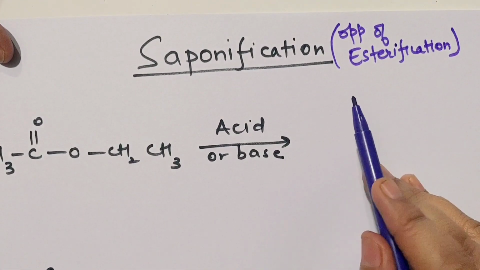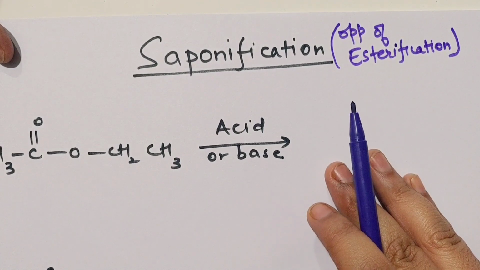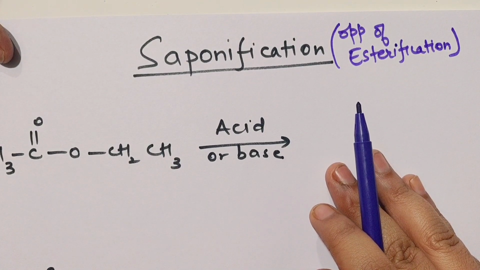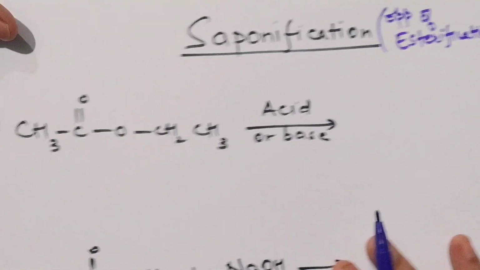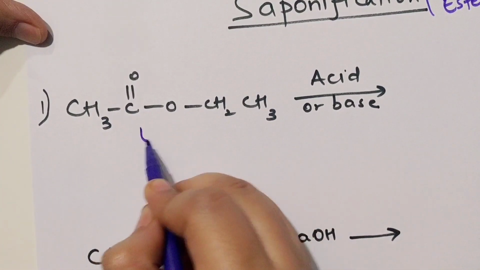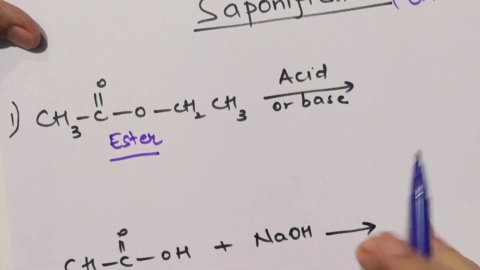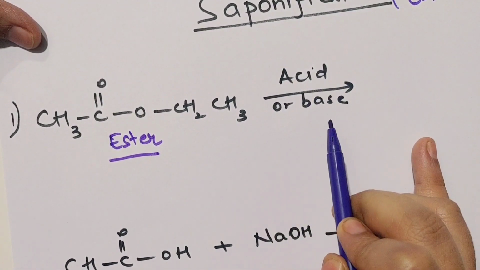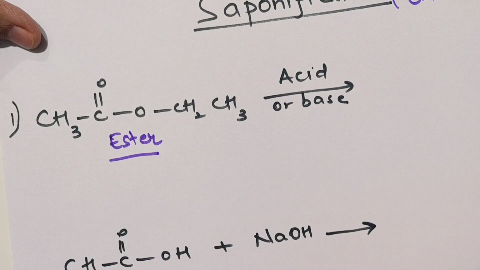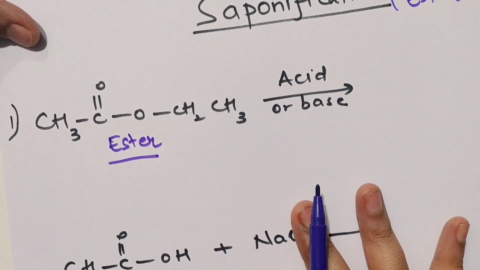In esterification, acid and alcohol combine to form ester. In saponification, ester is broken by the action of acid or base into acid, that is carboxylic acid, and alcohol. So basically it's just the opposite of esterification.